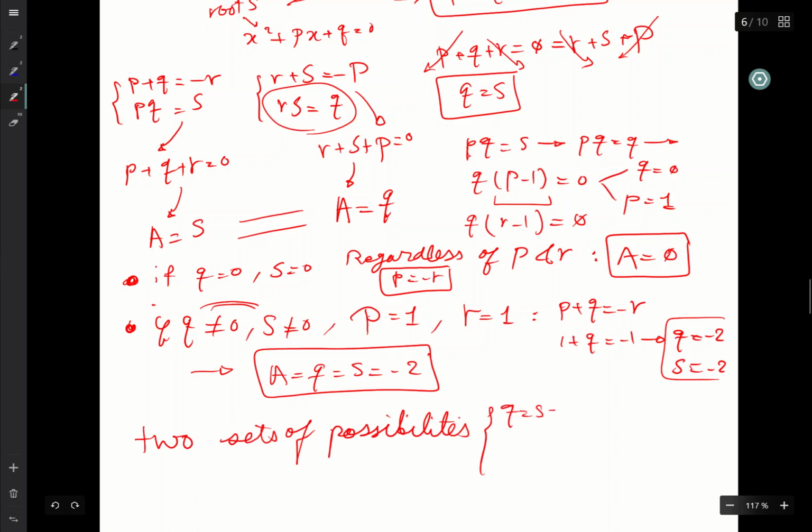Q equals s equals 0, and p is negative r. In this case, A, the sum of the four parameters, is 0. Or q equals s is not 0, or basically let's say negative 2, and p equals r equals 1, therefore A is negative 2. Okay?